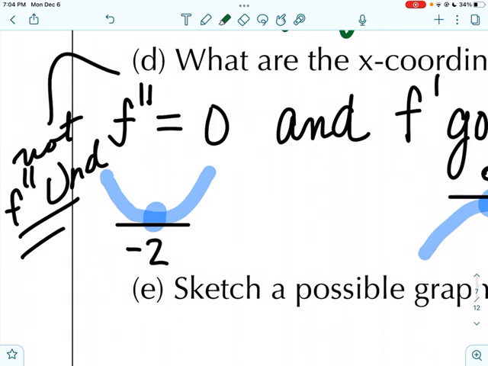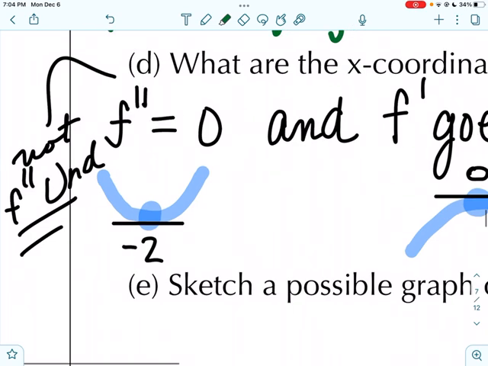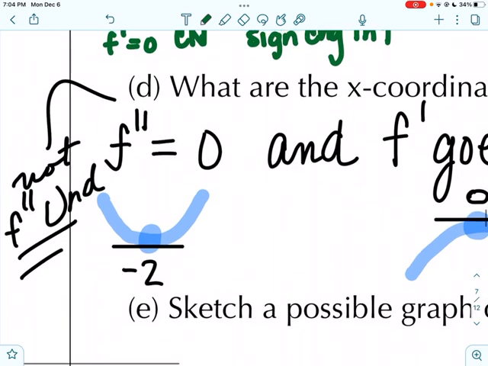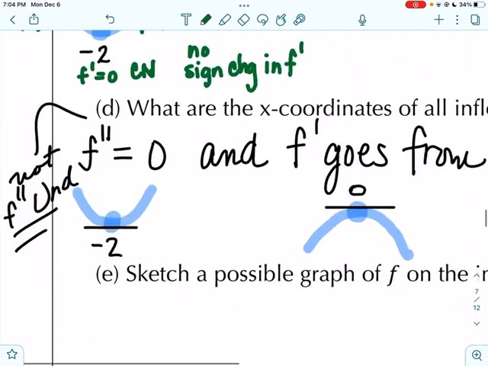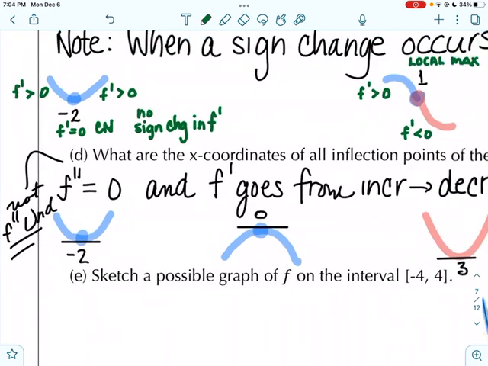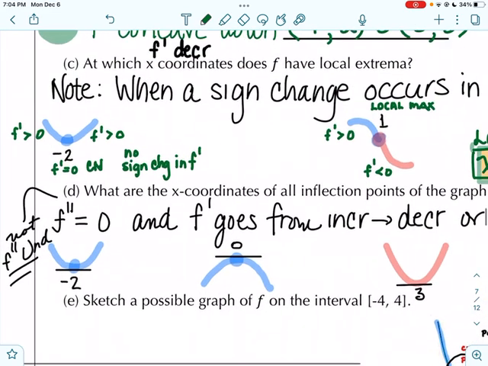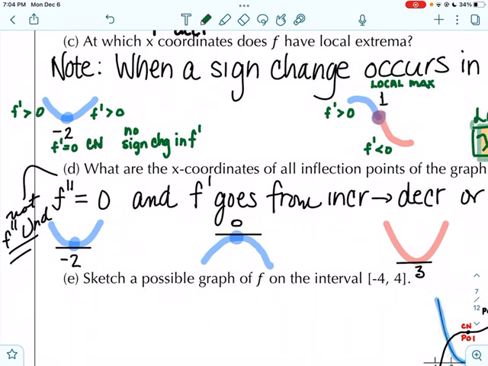By the concavity test, the graph is concave up, but that means that f prime on this side is positive and f prime is positive over here, right? But at the same time, f prime is increasing. So it goes from f prime increasing to f prime increasing, so nothing's going to happen at -2, right?